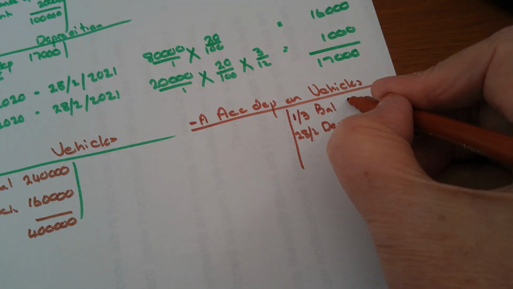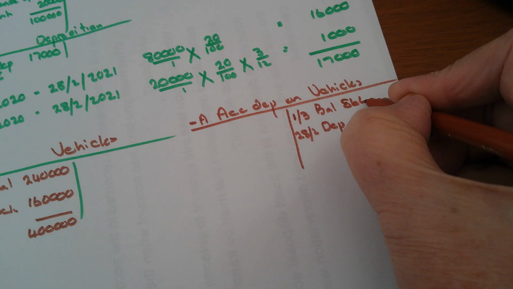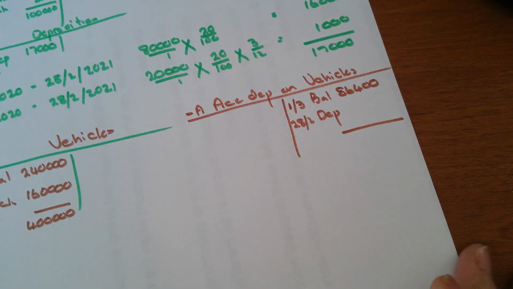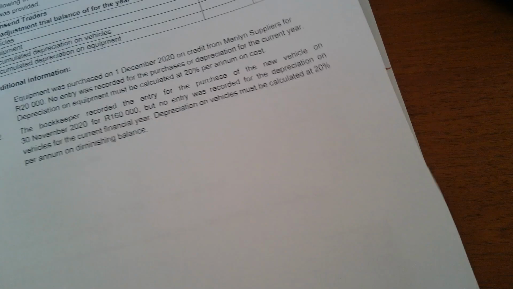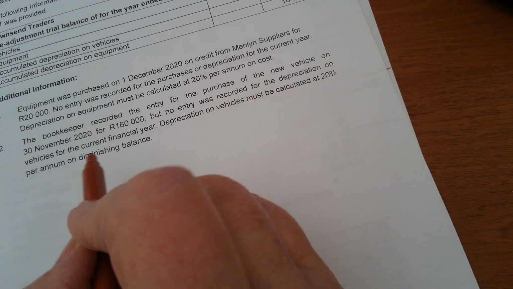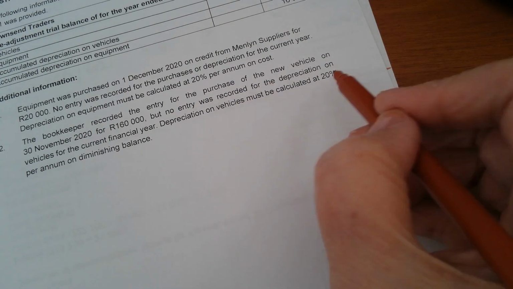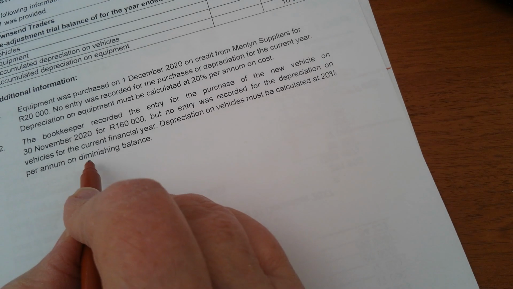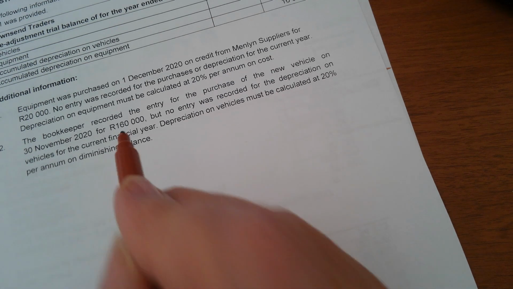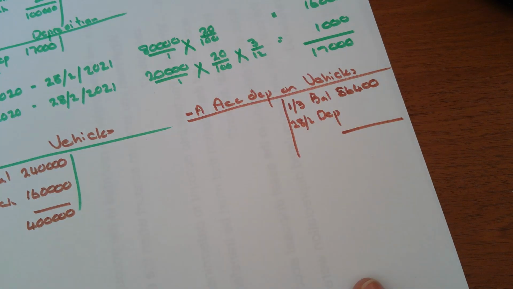So this balance here is 86,400. Okay, then I'm going to calculate depreciation on vehicles, and you have to ensure whether it's diminishing balance or whether it's cost price method and what the percentage is. Diminishing balance means that you subtract accumulated depreciation that was already calculated during the year.